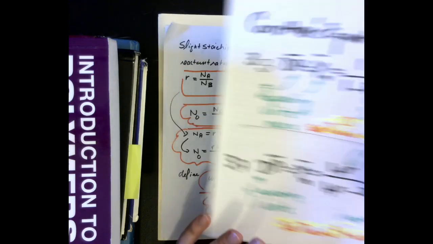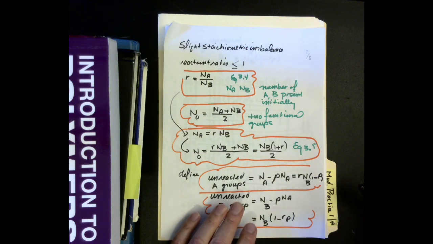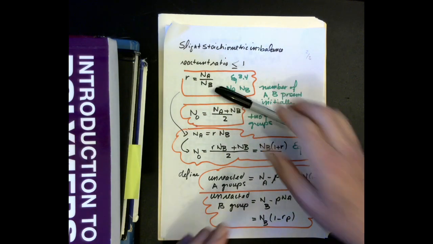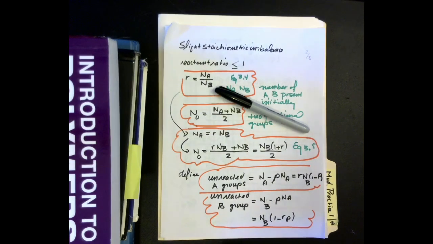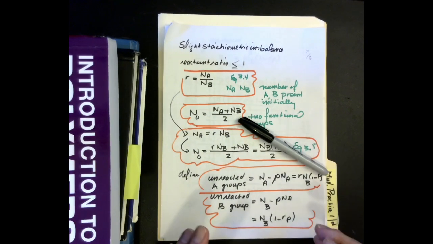So let's look at 3.7. We remember that r is the ratio of the number of moles of A to B. Let's say we're using A and B. So r is very simple: the moles of A over the number of moles of B. Now we also remember this polymer is made of two monomers, right?